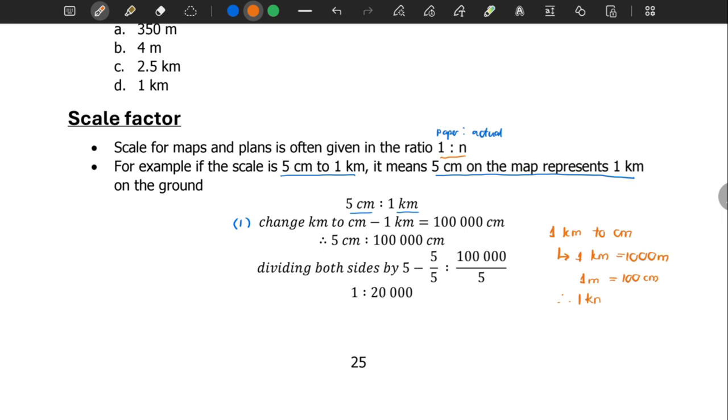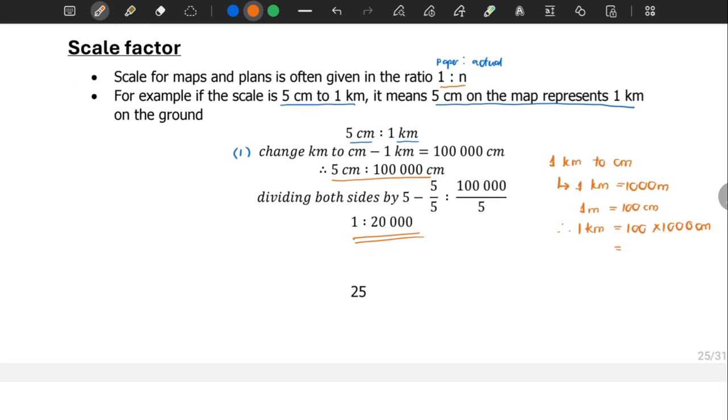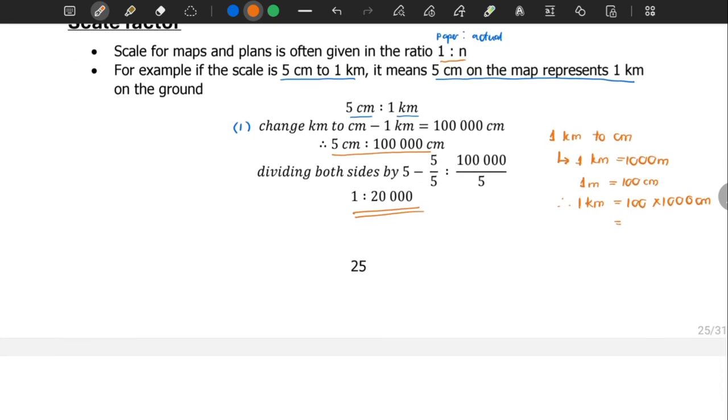Therefore, 1 kilometer will be equal to 100 times 1,000 in centimeters. So you end up with 5 centimeters representing 100,000 centimeters on the actual ground. Then you divide both sides by 5, and you're left with 1:20,000. That's how you usually have it on the map.